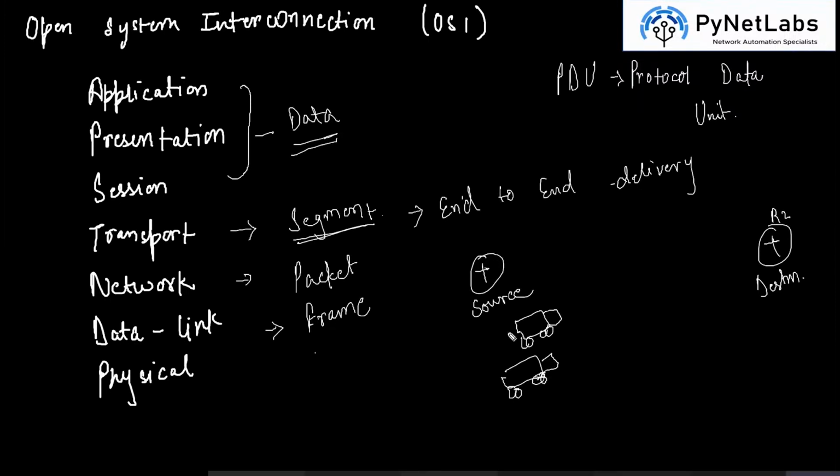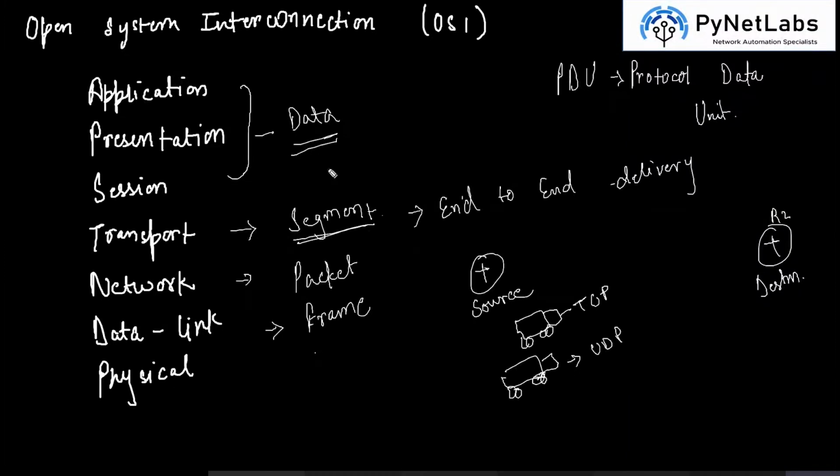So we have two types of transportation companies. The first one is TCP, Transmission Control Protocol, and the other one is UDP, User Datagram Protocol. So now we will talk more about TCP and UDP.